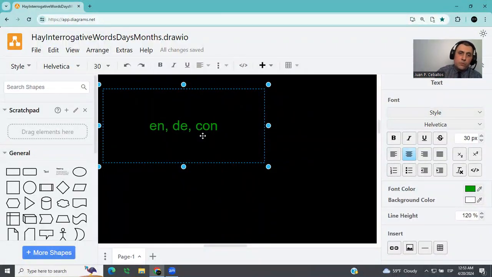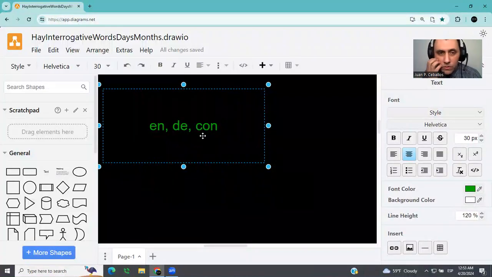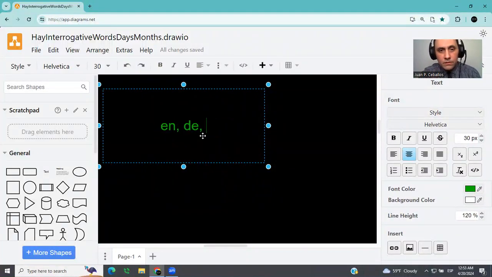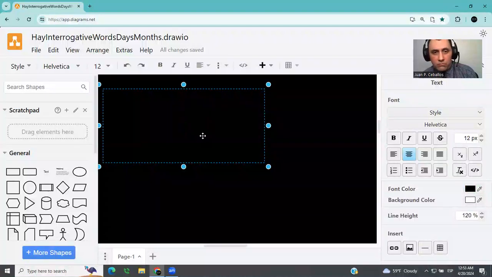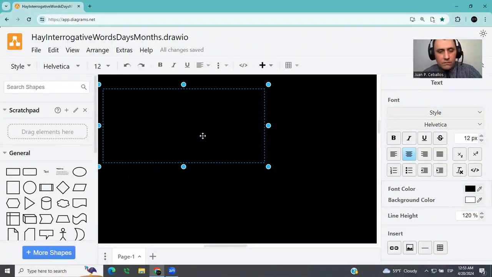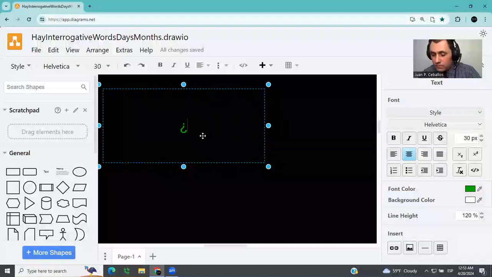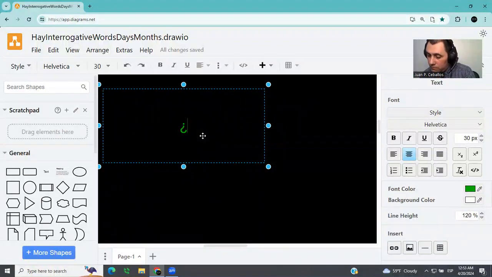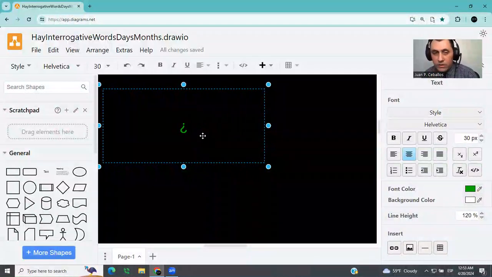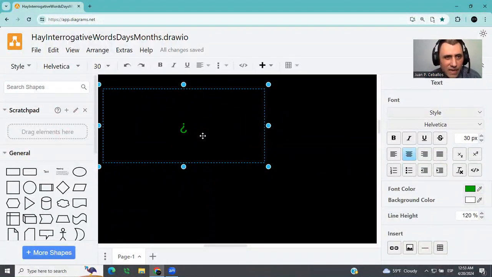There are many more prepositions, but for now we are going to just learn these ones. Now, it's very straightforward. Very straightforward, practically the same as in English.